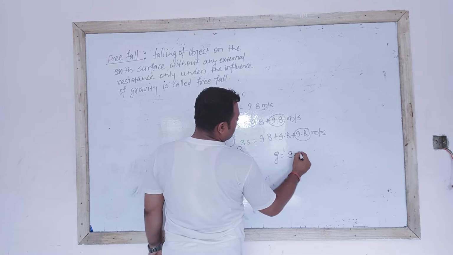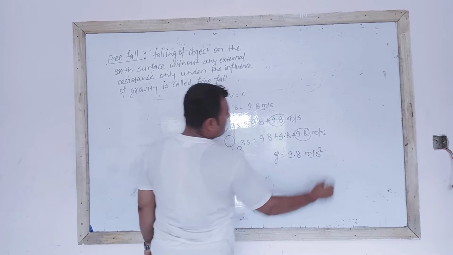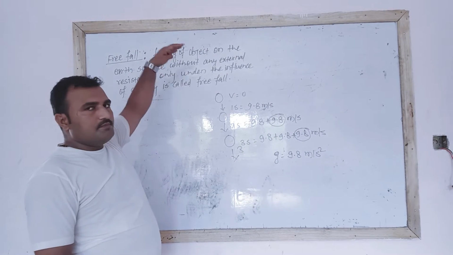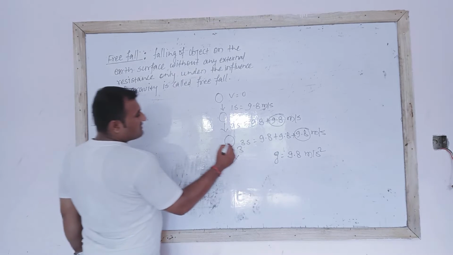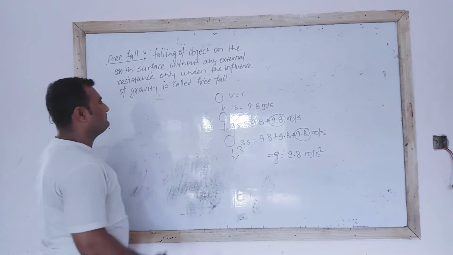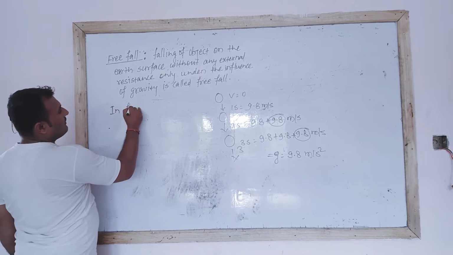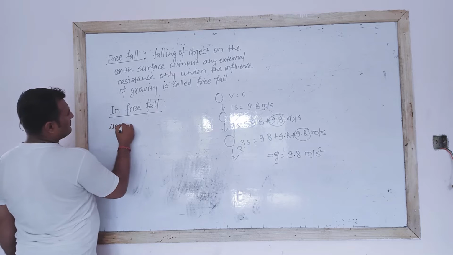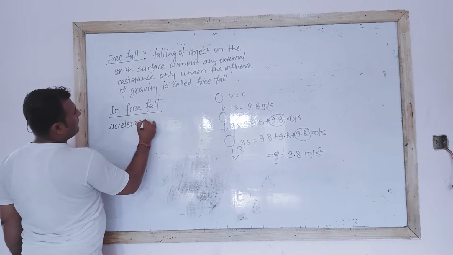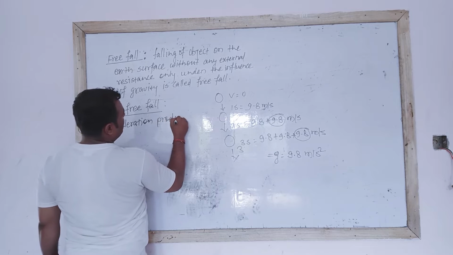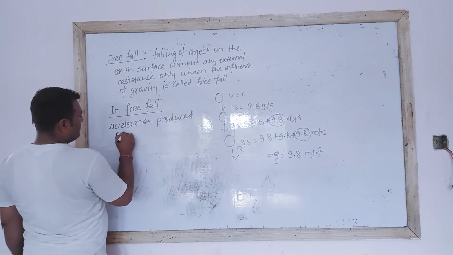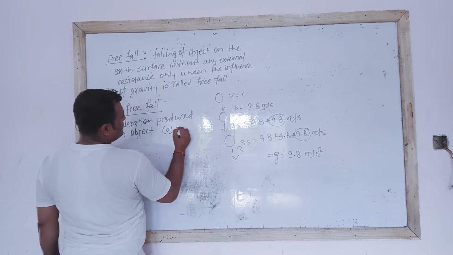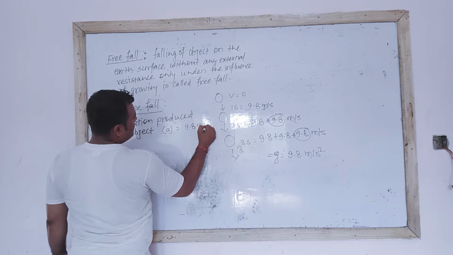Acceleration due to gravity of 9.8 meter per second square is Earth's gravity. When an object is falling freely, only under the influence of gravity, the acceleration produced on the object is a equal to 9.8 meter per second square.